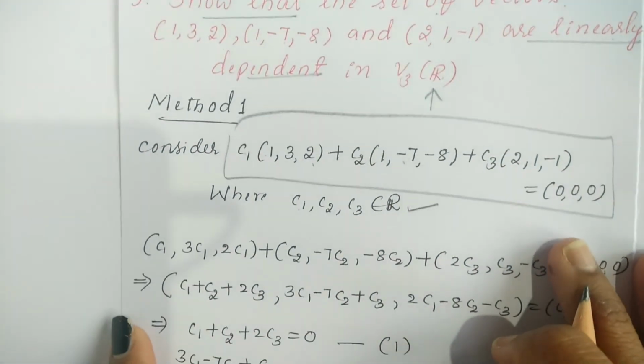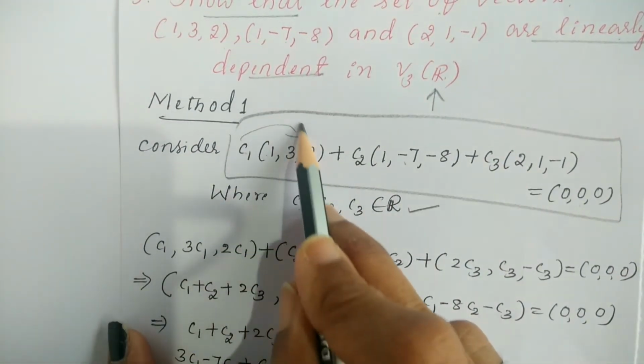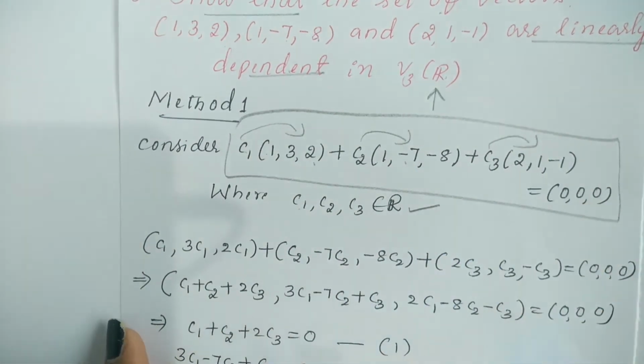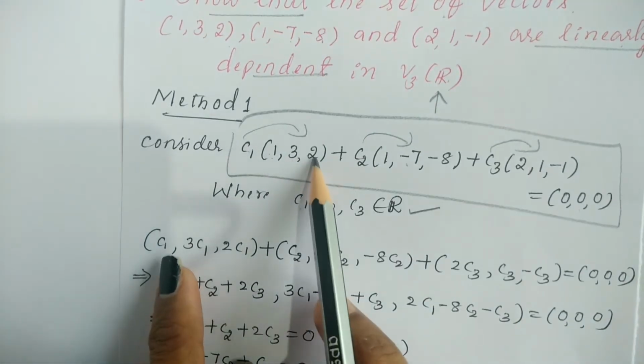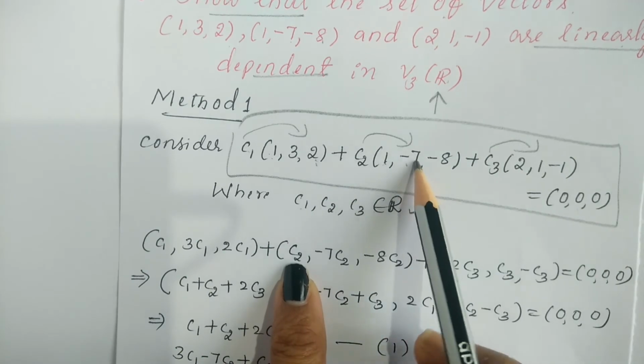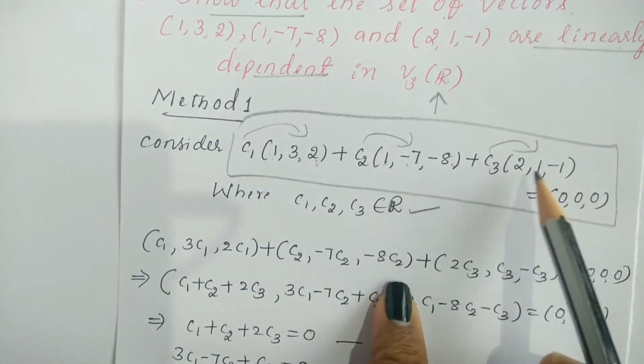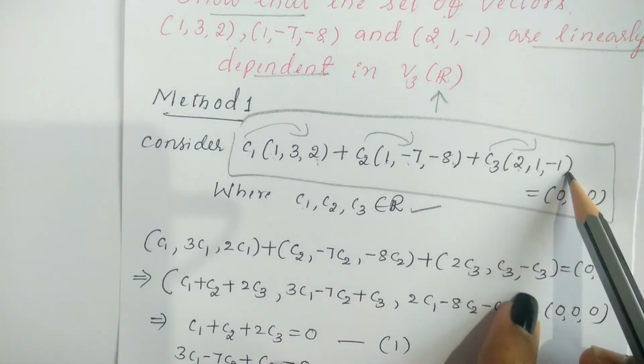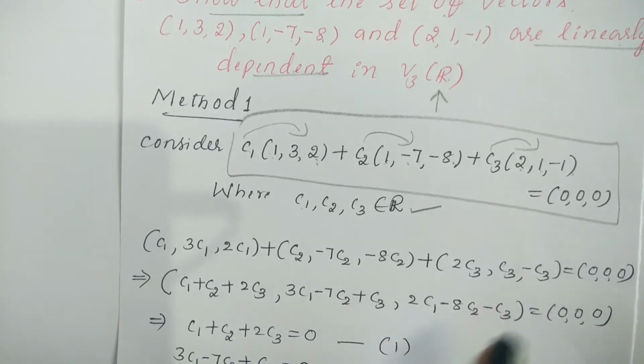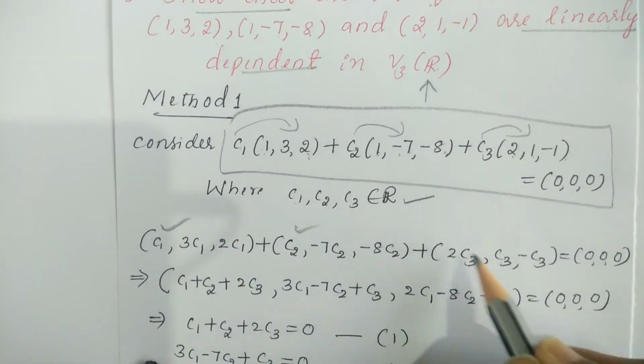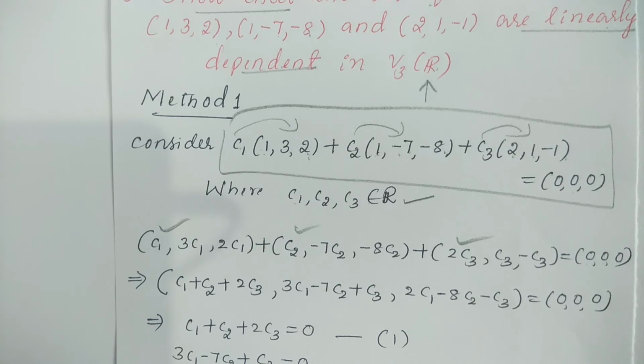Now, multiply C1 within the bracket, C2 within the bracket, C3 within the bracket. So what is that? C1, 3C1, 2C1. C2, -7C2, -8C2. 2C3, C3, -C3, which is equal to (0, 0, 0). Now add the first coordinate of the triplets.